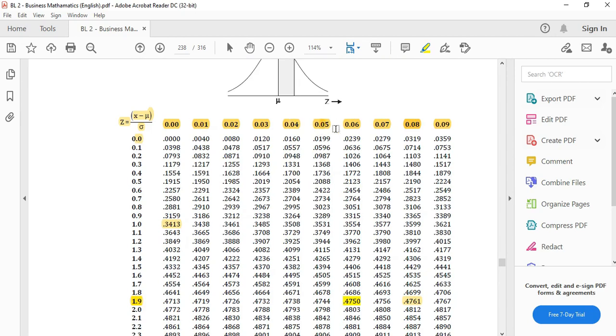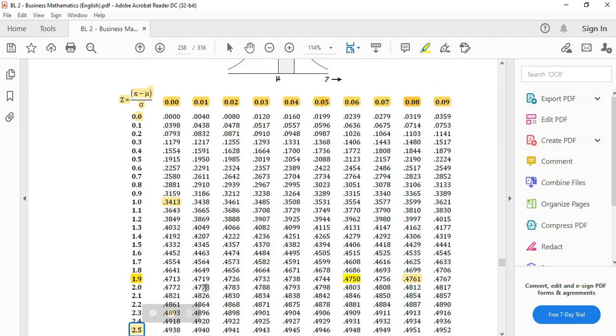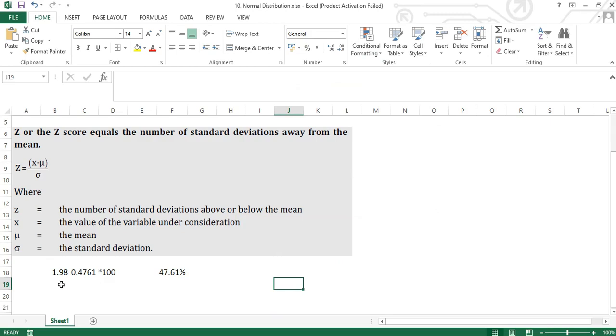So I cannot use it straight away. I have to take up to one decimal place from the vertical line, which is 2.5. Then the balance I need is 0.08, because 2.5 plus 0.08 will give me 2.58.